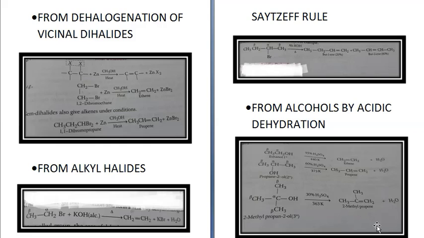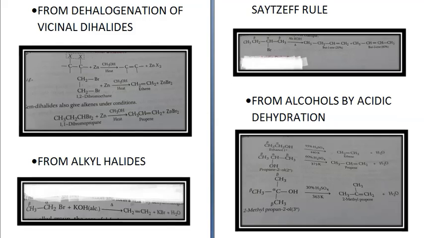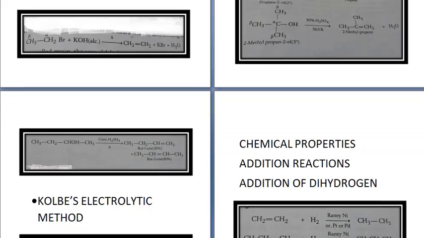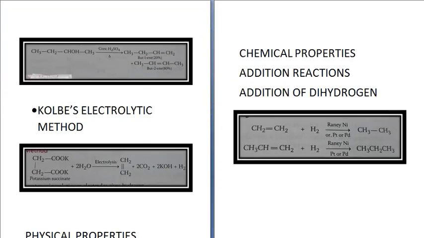So you see, primary alcohol, secondary alcohol and tertiary alcohol, all three show this reaction. Now, like alkyl halides, alcohols also follow Saytzeff's rule, which says that the more highly substituted alkene will be produced more.